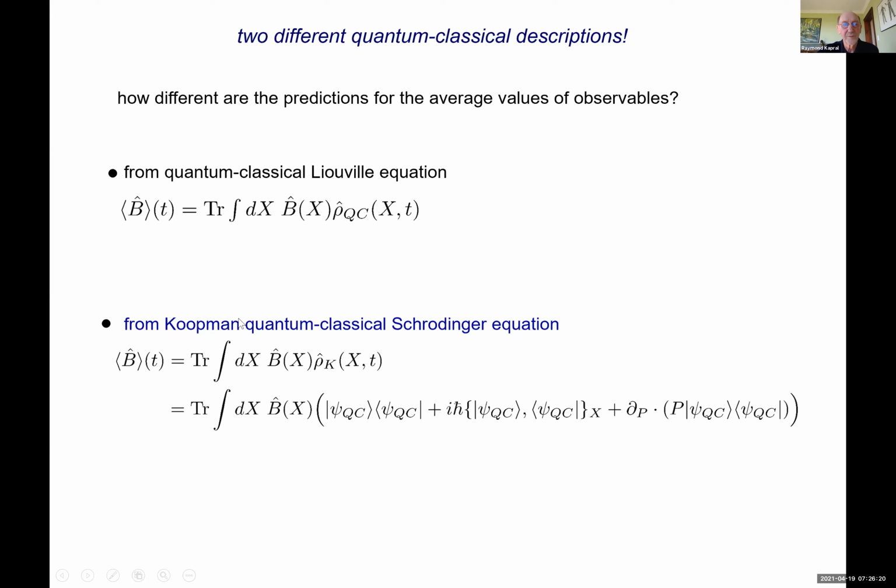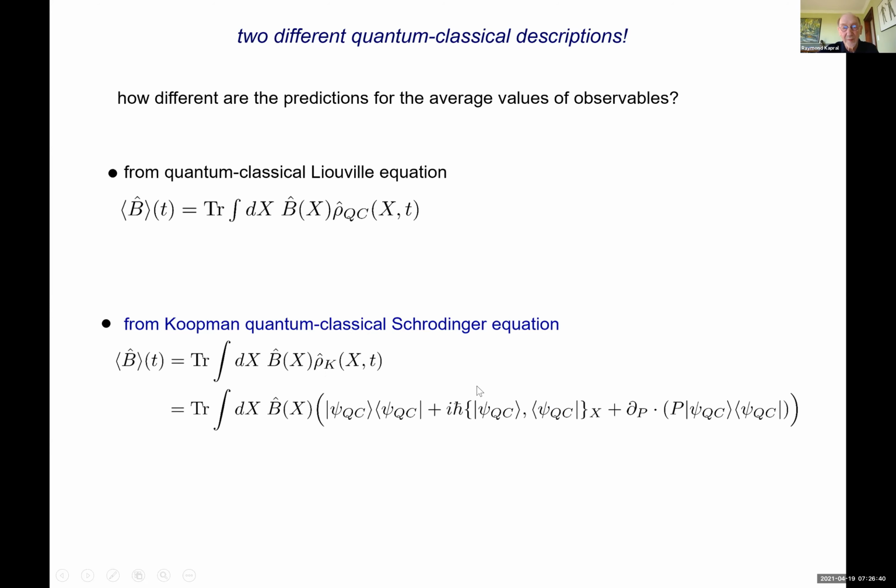And from the Koopman quantum classical Schrodinger equation, it's very similar, except that you now have this Koopman quantum classical density. And of course, it has a more complicated expression in terms of the wave function, whose evolution we know or have an equation for.